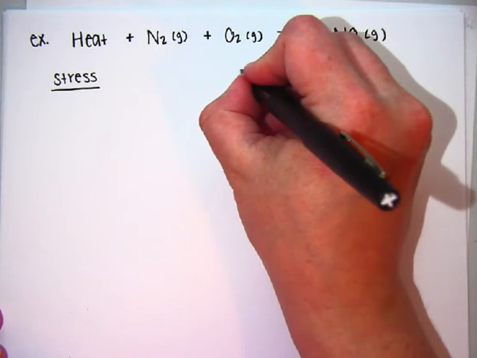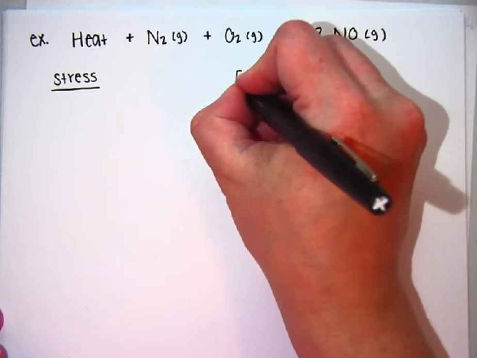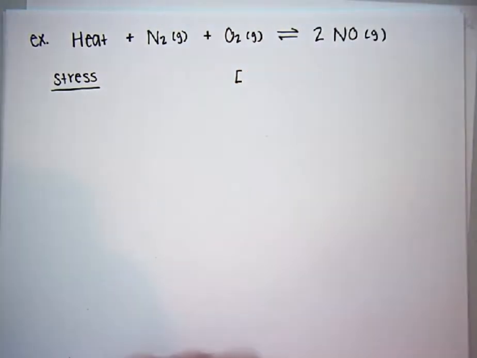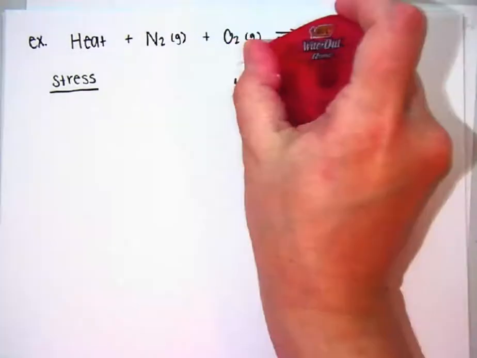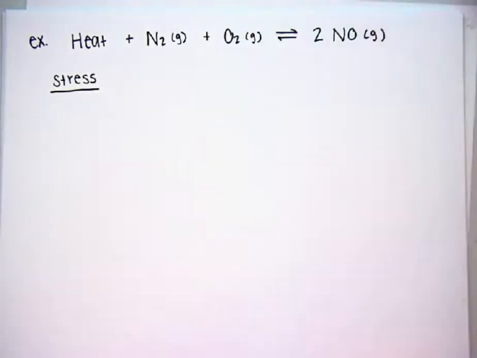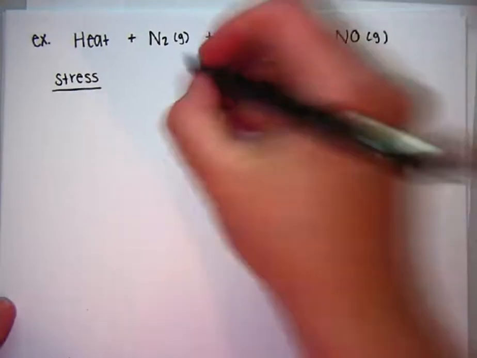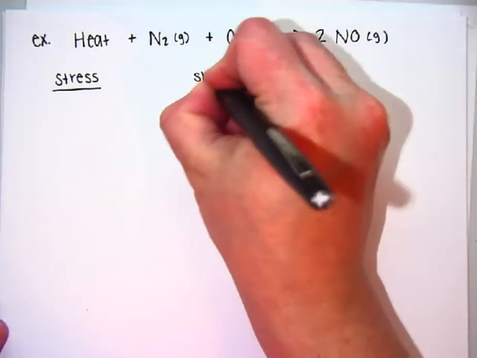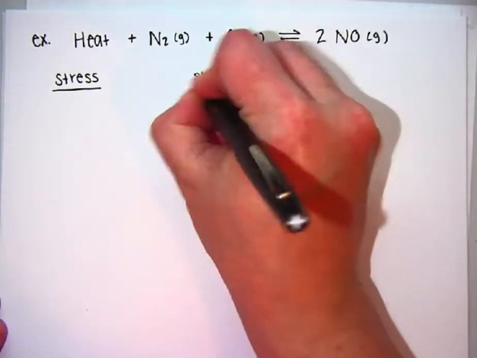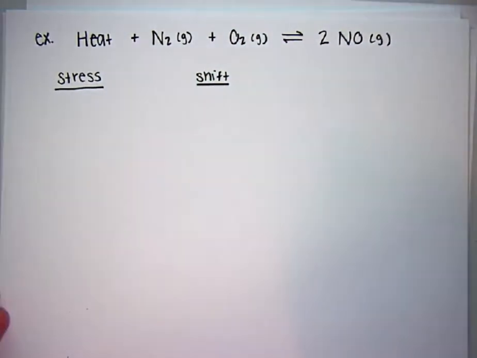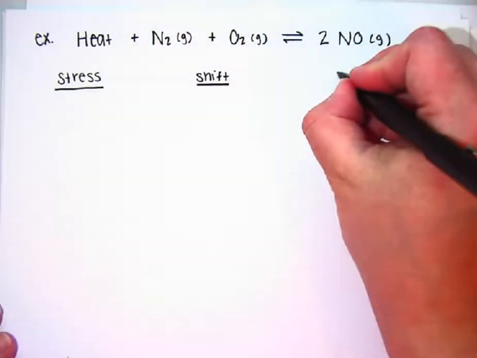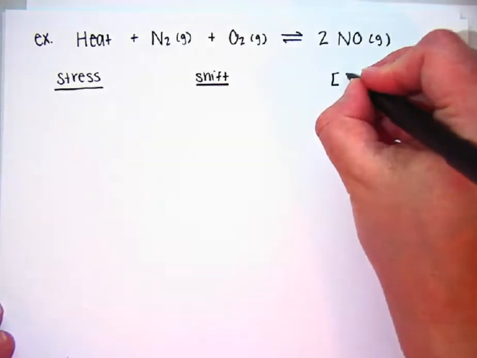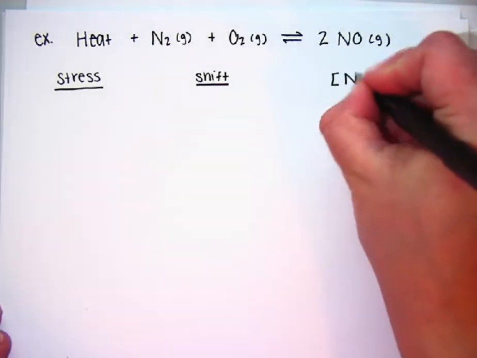So we're going to talk about the stress. Let's first talk about the shift. Will equilibrium shift to the left or right? And then tell me what happens to the concentration. Let's pick nitrogen.